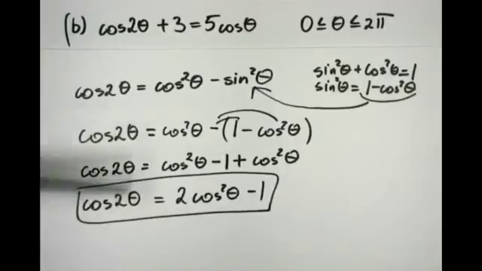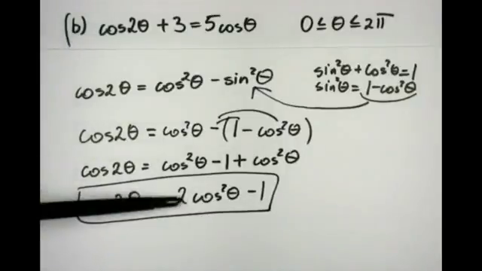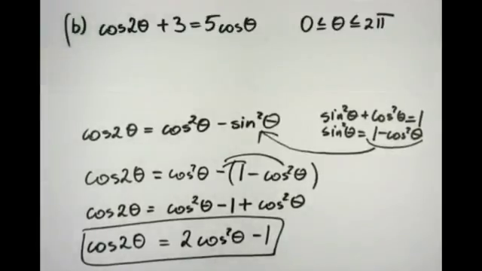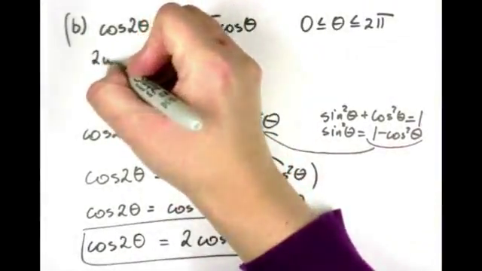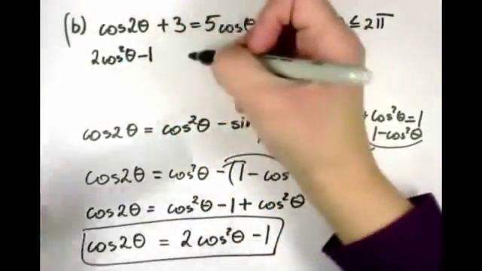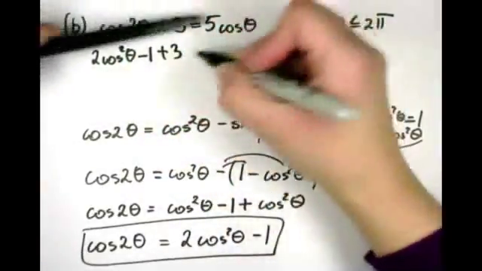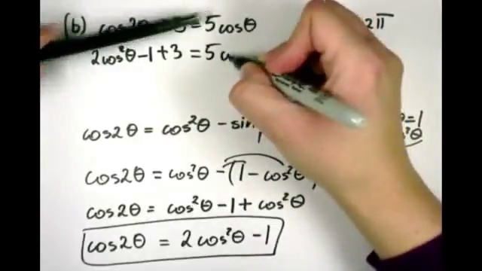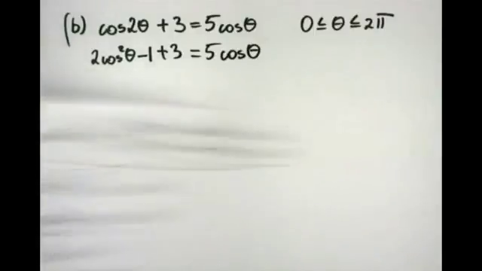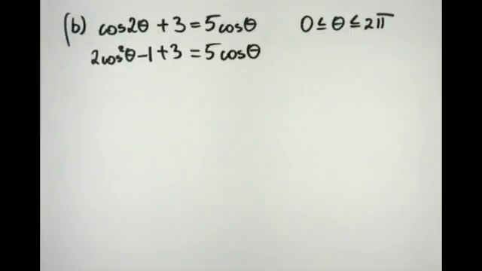Okay, so now instead of cos 2 theta, I'm going to substitute this 2 cos square. So we have 2 cos square theta minus 1, and then I have plus 3 is equal to 5 cos theta. Okay, now I have one function with one variable theta, so it's in quadratic form.